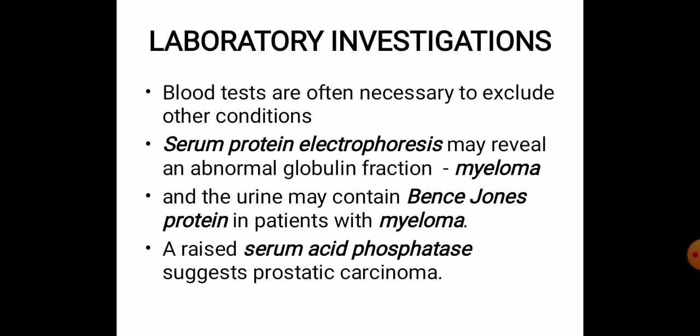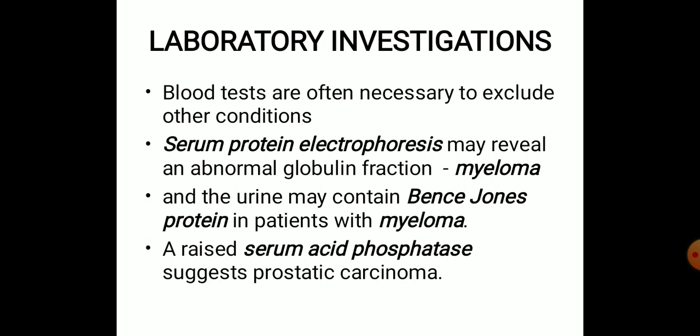In this, the first one is serum protein electrophoresis, which may reveal an abnormal globulin fraction. An increase in the globulin fraction can indicate myeloma. Myeloma is basically an abnormal tumor growth in the bone marrow cells.